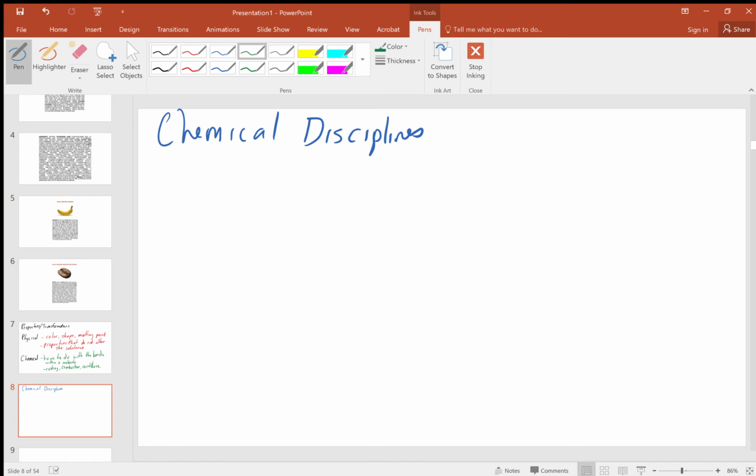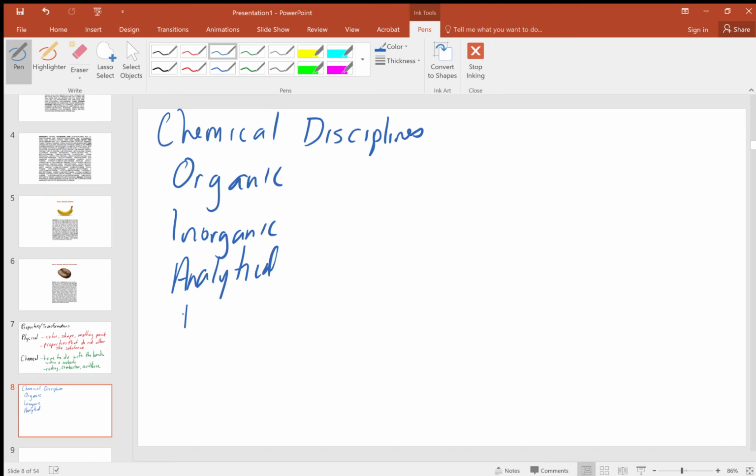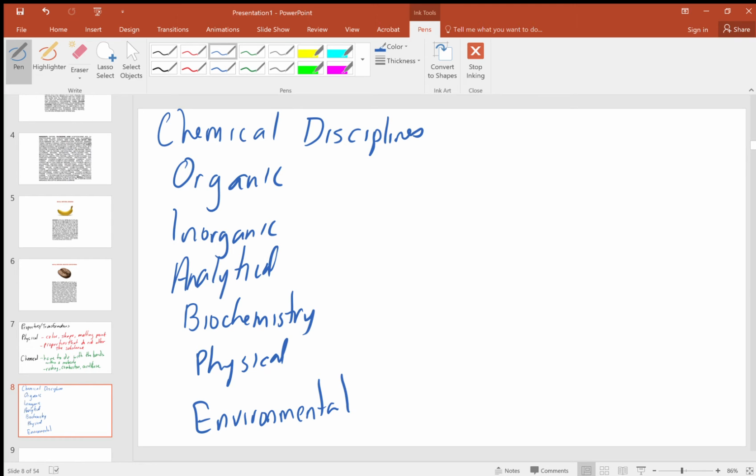But beyond that, chemical disciplines are divided up into things such as organic, inorganic, analytical, biochemistry, physical chemistry, and environmental. And there are others as well, but these are sort of, we could say, the 6 main fields. What do each of these entail?